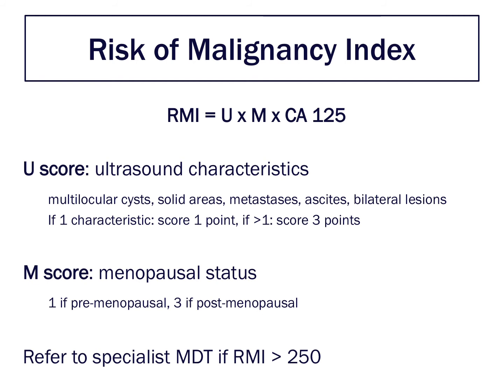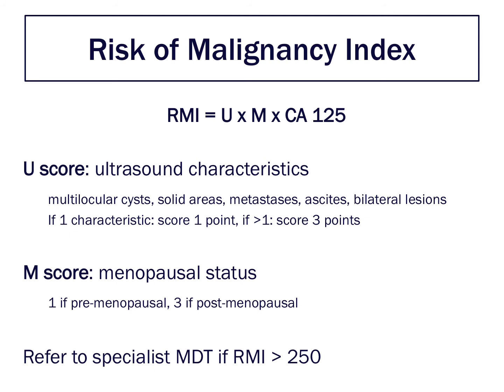Worrying characteristics will score points, things like multilocular cysts, solid areas, metastases, ascites, and bilateral lesions. If there's one of these characteristics, then the score is 1. If there's more than one of these characteristics, then there will be 3 points. So that's the U score.